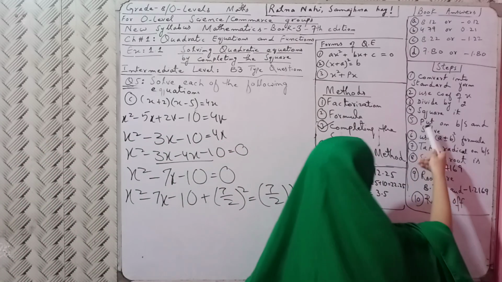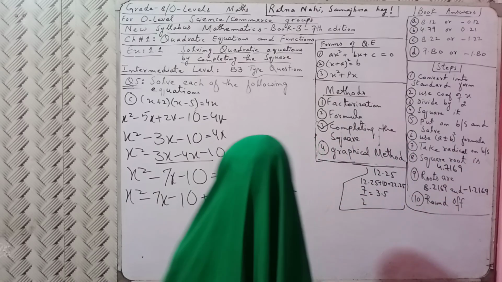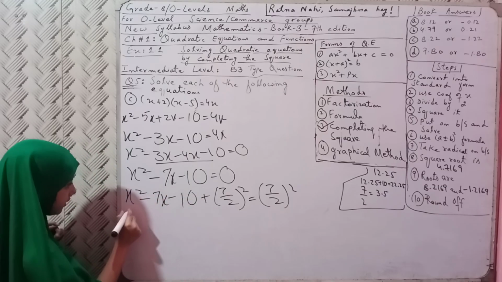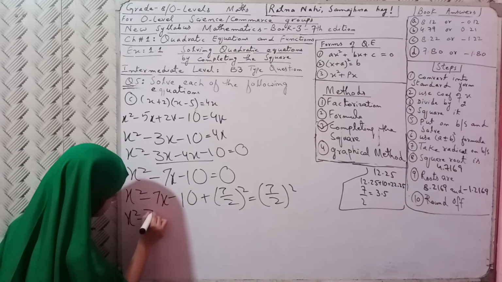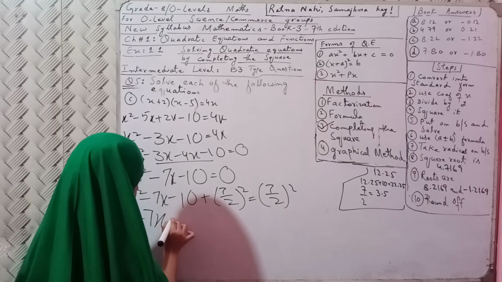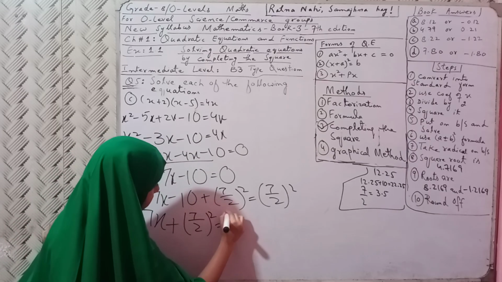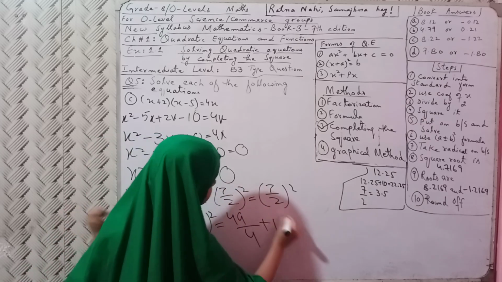Then use a plus b whole square formula or a minus b whole square formula. First of all, this will go there, plus 10.